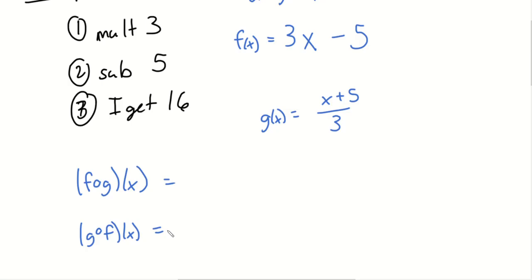So x. g is x plus 5 over 3. Where'd you get the 3? It's the 3x minus 5, plugged in here for x. Oh, I see. And then, you want me to solve it?